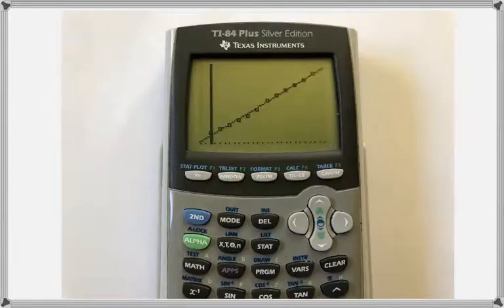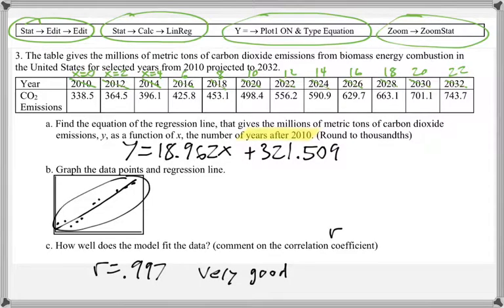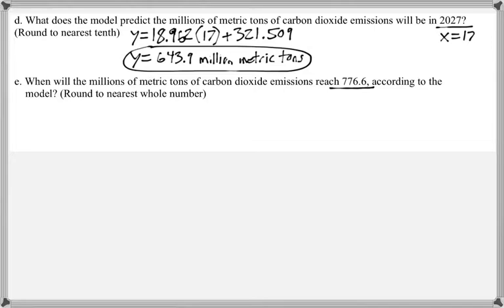Again, if you go back to the problem, these are our X's, these are our Y's. So I'm going to plug that in for Y. And then I need to solve for X.